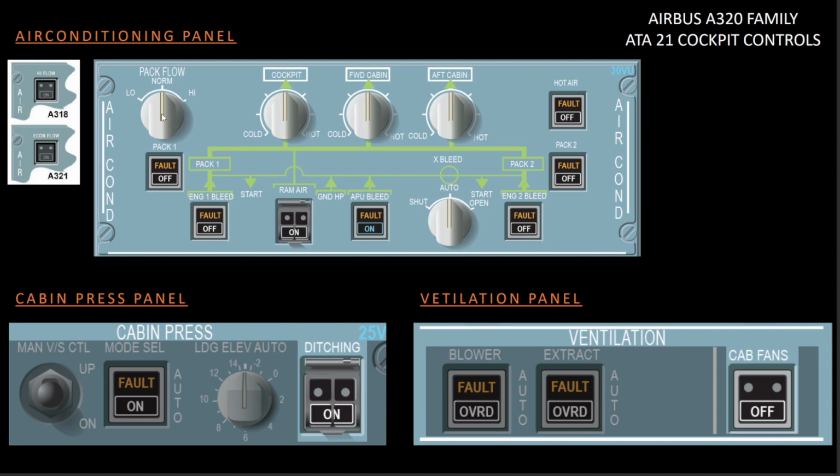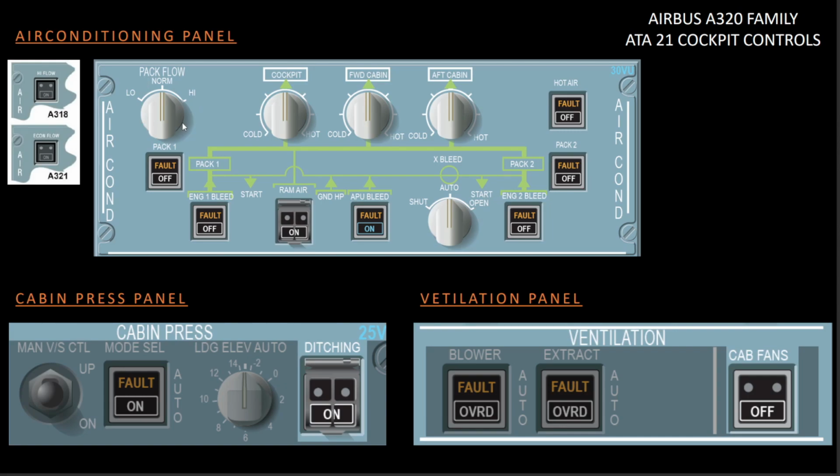So when you place this rotary selector in whatever position, this signal will go to the air conditioning system control computer 1. Why does it go to 1? It is the one responsible for calculating the required amount of flow. The air conditioning system control computer 1 will send a signal to the torque motor to position the flow control valve to the required position to give the necessary flow.